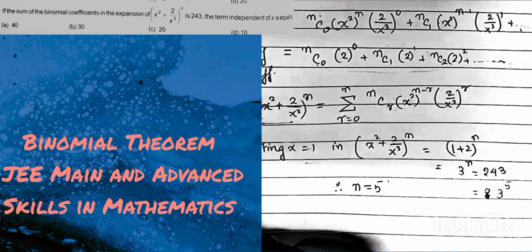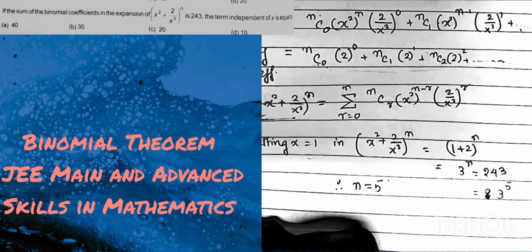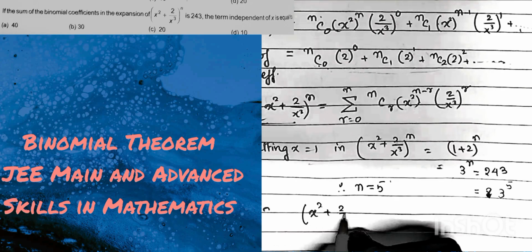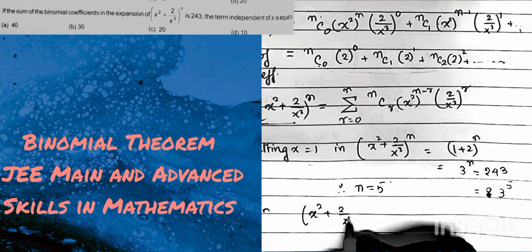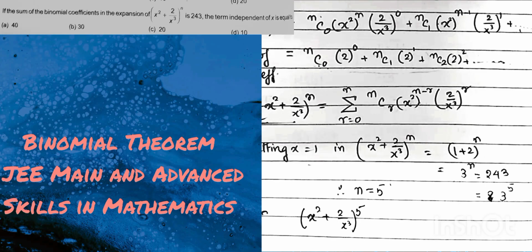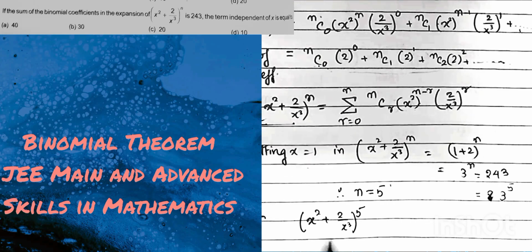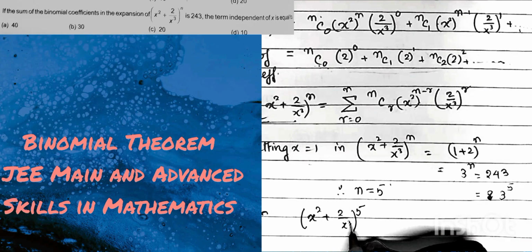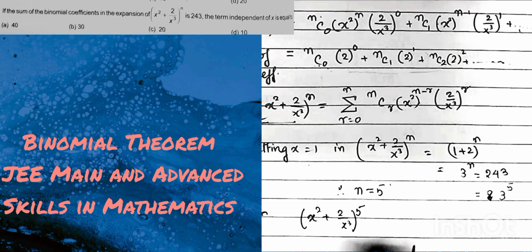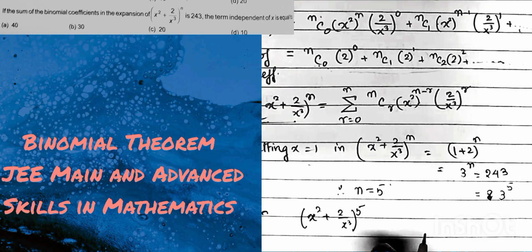So the new binomial expansion after solving this much is (x² + 2/x³)^5. Now we are asked for the term independent of x. We've got the value of n, so now what we want is the term where the power of x is 0.